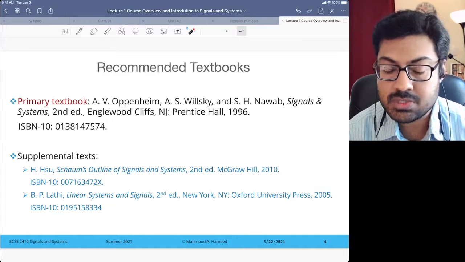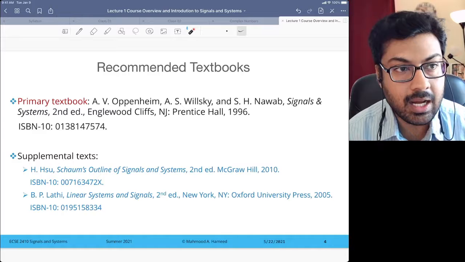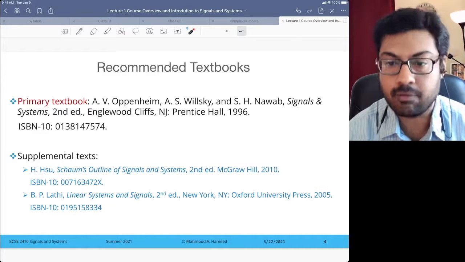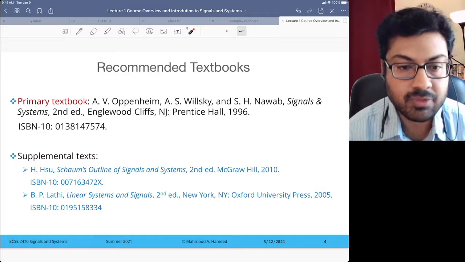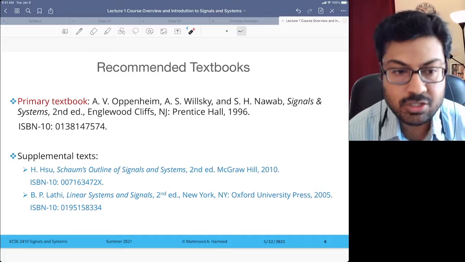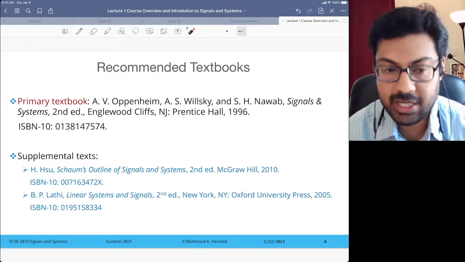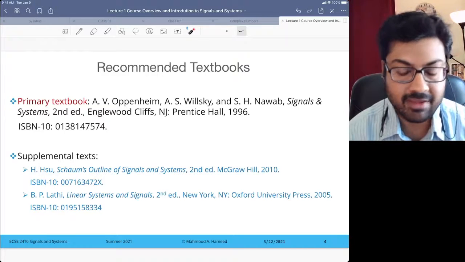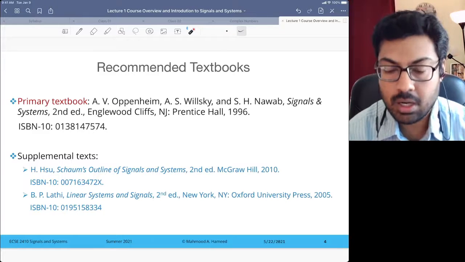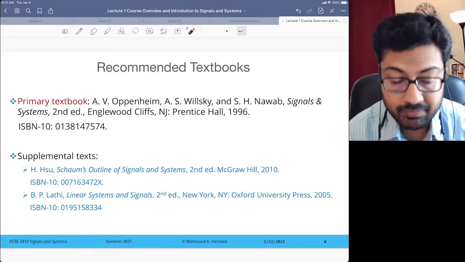I don't know if he's still teaching signals and systems at MIT, but he has taught it for many, many years. So his Signals and Systems book, the second edition, is going to be our primary textbook for this class. Again, it's optional, but it is a very good addition to the books that you would own.